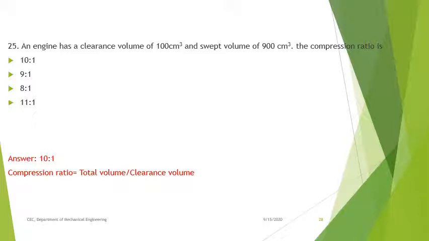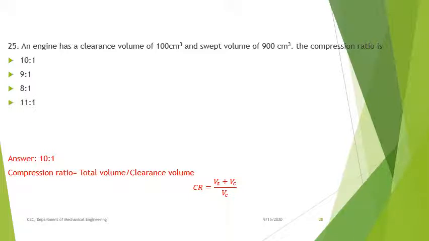Here total volume is given by clearance volume plus swept volume. Clearance volume is given as 100 cm cube, swept volume is given as 900 cm cube. That means the total volume is 1000 cm cube. Total volume to clearance volume ratio, where clearance volume is equal to 100 cm cube. For that reason, we will get the answer 10:1.